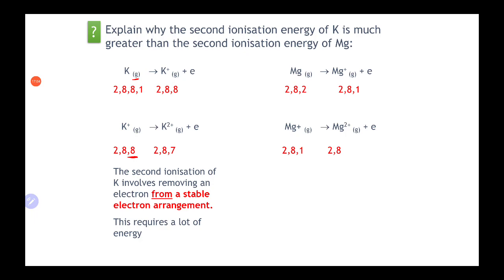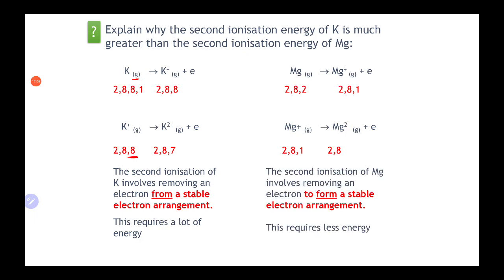Whereas if we look at magnesium, we've got 2,8,2 going to 2,8,1, which ideally would want to have a full outer shell. So that is quite happy to get rid of that outer electron to become 2,8, because again, that is stable.